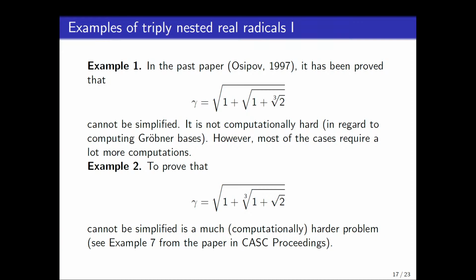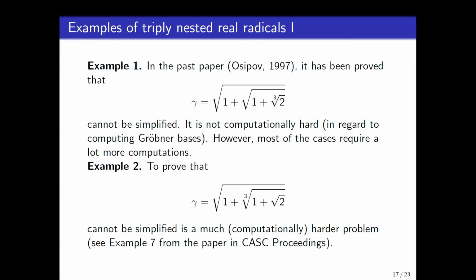All right, now let's go further. I have to say that the general theory ends for nesting depth 2. And when we consider a higher nesting depth, we can hope that for some special cases, some families, this procedure will still work.